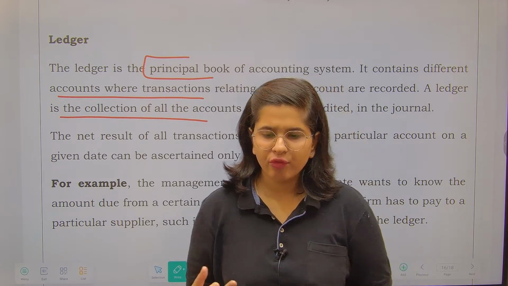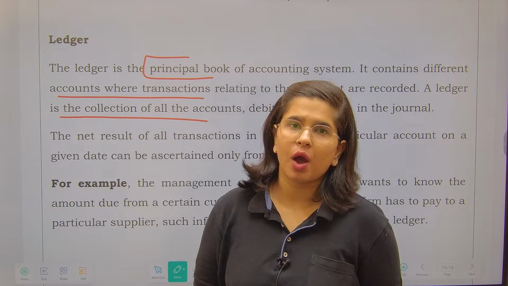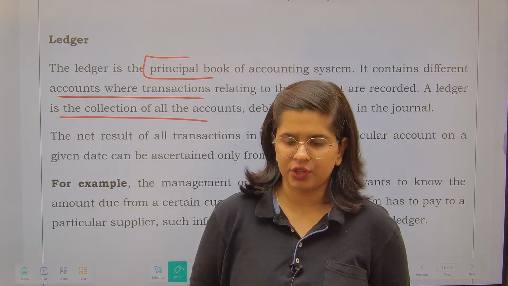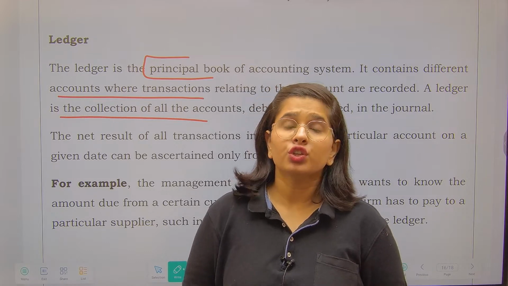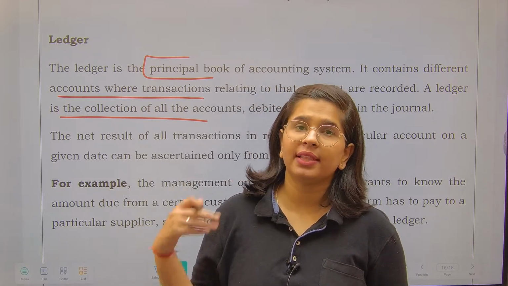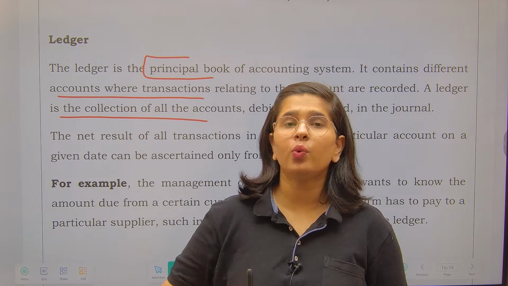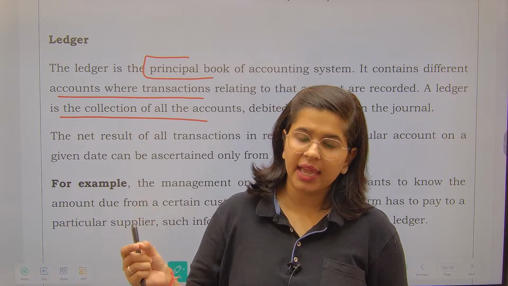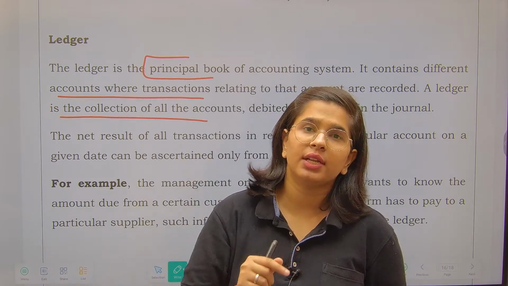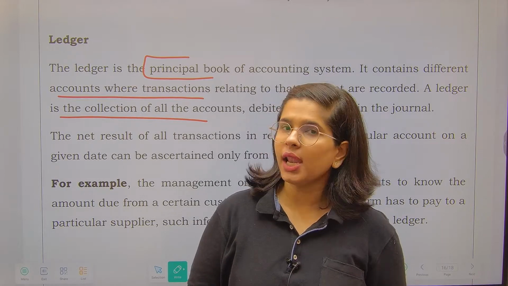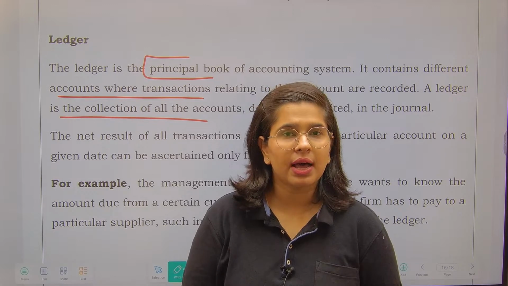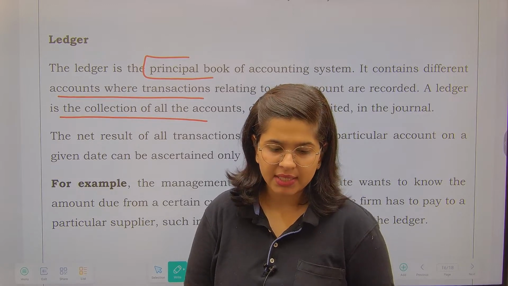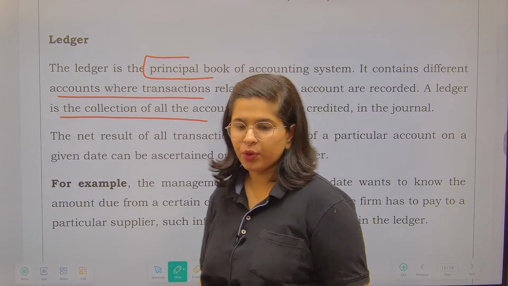Suppose I have not made use of an account named cartage, right? Cartage paid. This account I have not used. So this account is not going to appear in the ledger. सिर्फ वो ही अकाउंट लेजर में आते हैं जिनके लिए एंट्री पास की गई हो जर्नल में. ठीक है? Only those accounts come for which an entry has been passed in the journal. Now I hope you remember this.